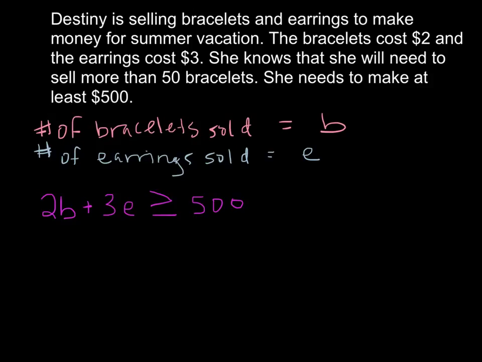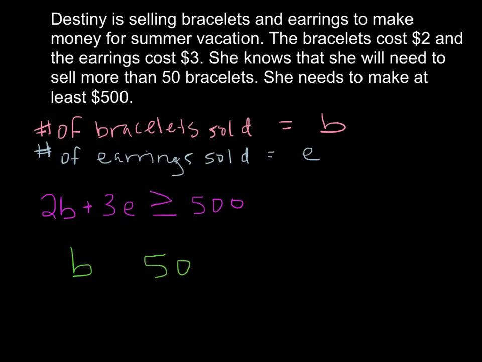So we're going to take a look into the problem, and we already dealt with the cost, right? There's one thing that we're missing. She knows that she will need to sell more than 50 bracelets. Okay, so bracelets is B, correct? So we've got another equation, and bracelets is going to be more than 50 of them, right?